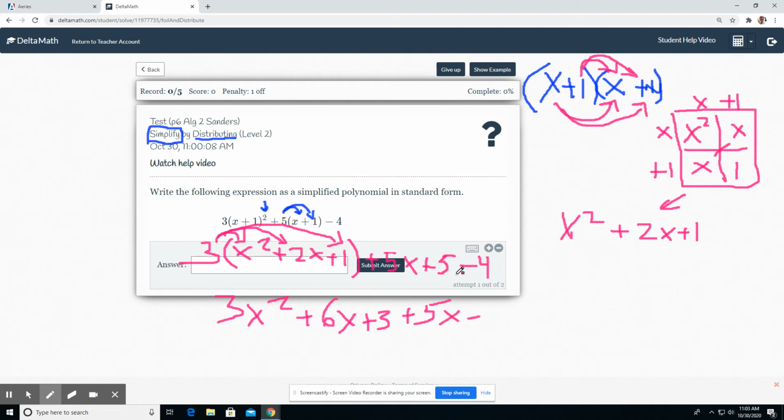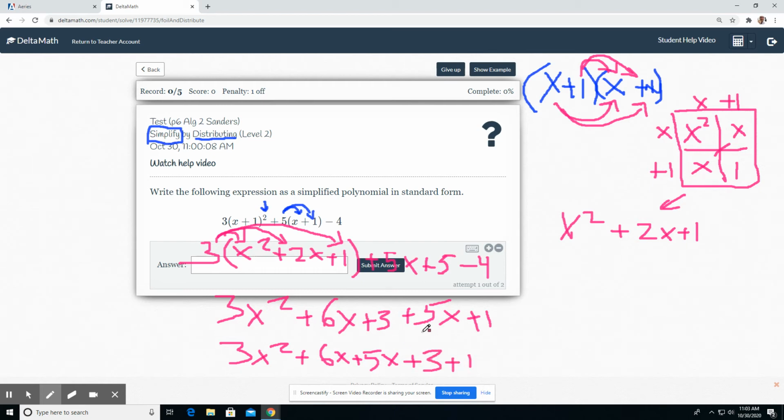And then we'll go ahead and combine these. Those are like terms, so that's a plus 1. Then we usually want to group like terms together, so that's 3x squared, in descending order. Then there's the x's. We got a plus 6x plus 5x, and then the numbers, plus 3 plus 1.